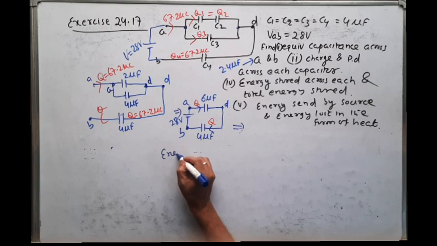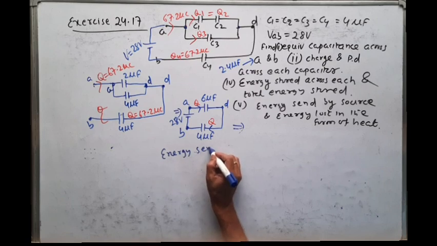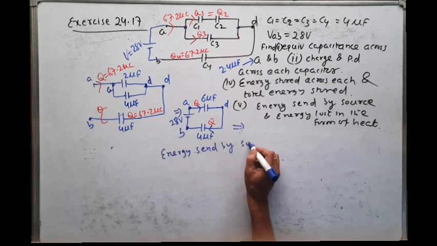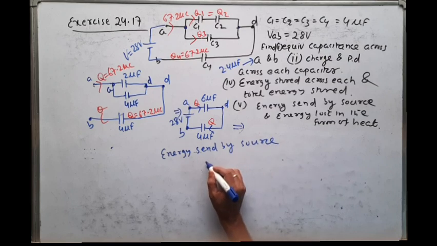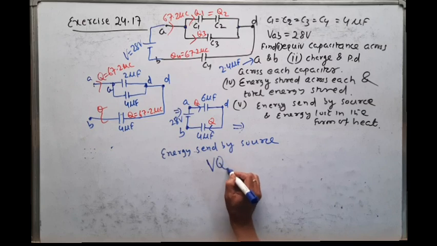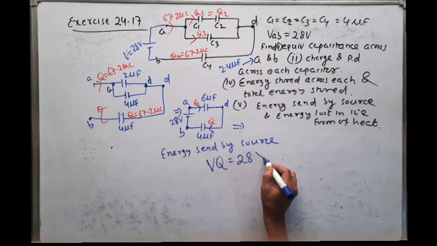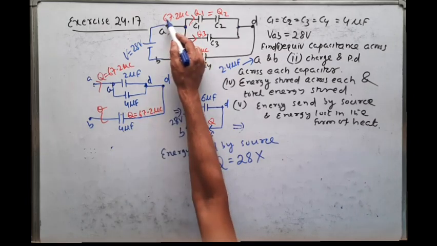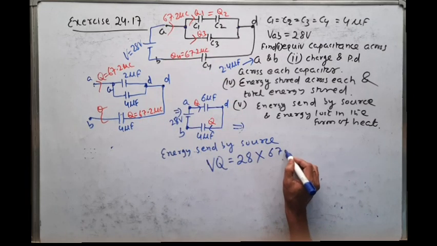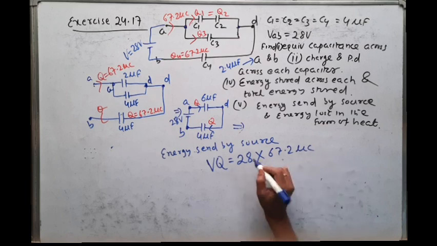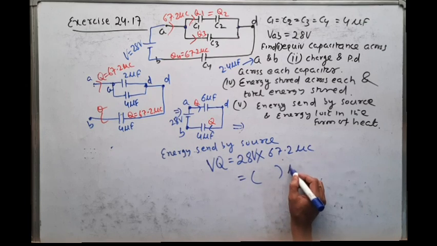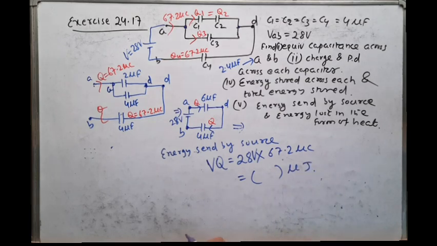Energy sent by the source is equal to V into Q. What is the total potential difference given? 28 volt. What is the total charge? 67.2 microcoulomb. It is volt, so whatever result will come, that will be in terms of microjoule.